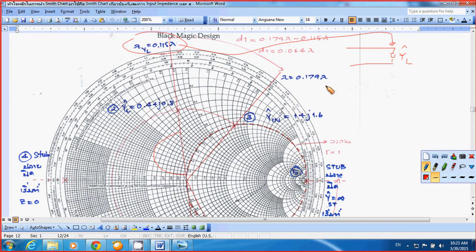Now, as I told you before, to make the transmission line match, when you add this part of your transmission line with the normalized admittance of the stub, you want this to end up with Y normalized equal to 1, because Y0 normalized is also 1, so they are all equal, and then the transmission line is matched.